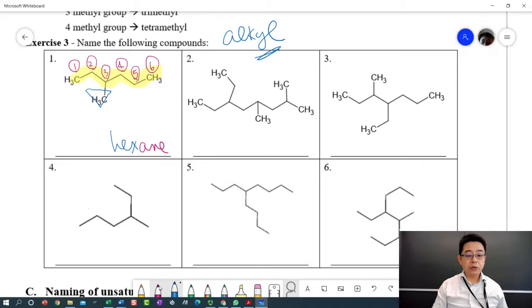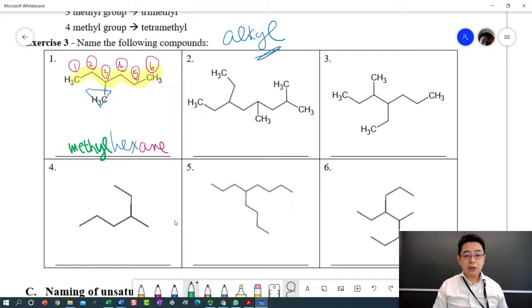So I put YL there, in another color, green, right? The alkyl group is with suffix YL. YL means it is a side chain. Let's check the number of carbon in the alkyl group there: 1 carbon, then the name should be METH. So close to the end of the name, methylhexane.